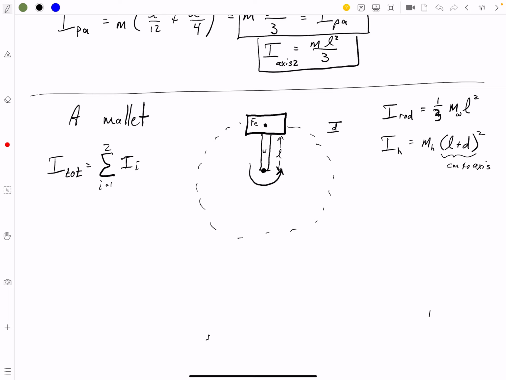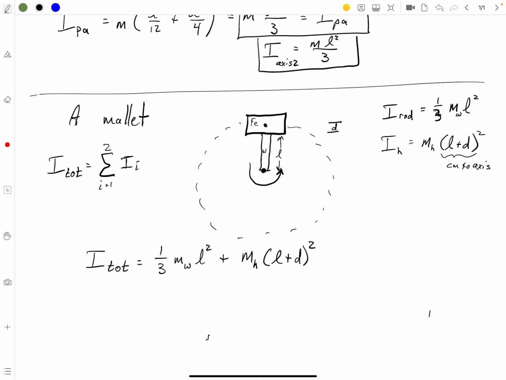Don't forget that. Now, we can then figure out our I total, and that's 1/3 mass of the wood times the length squared plus our mass of the hammerhead, the head of the hammer, times L plus D squared.